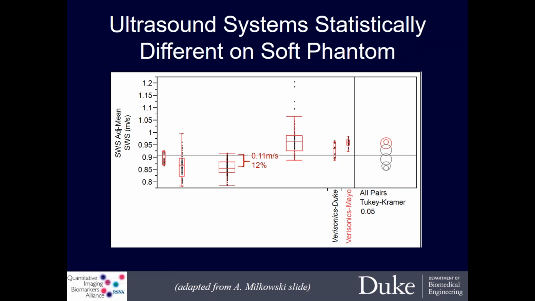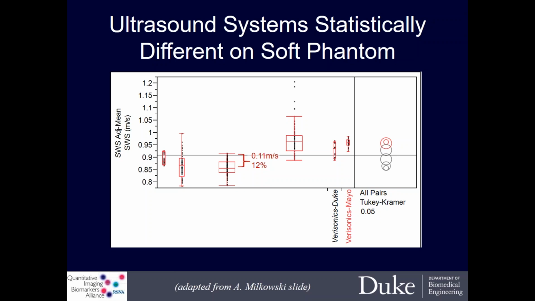You're seeing how much a given system aggregated across all of its sites compared to that grand median, and on average some of the distributions deviated by about 12%. You're also seeing data that was acquired on research systems at Duke and the Mayo Clinic. That's shown there as Verasonics Duke and Mayo as comparative distributions.